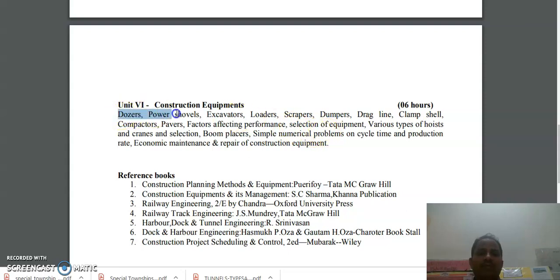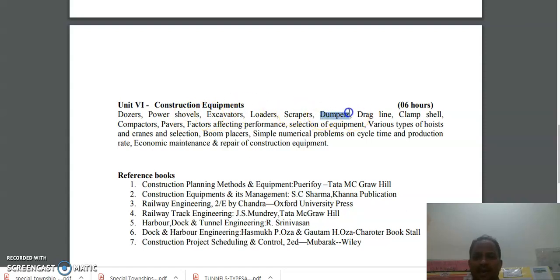So dozer, power shovels, excavators, loaders, scrappers, dumpers, drag line, clamshell, compactors, pavers, factors affecting performance, selection of equipment. Each different equipment has different applications and different use. Some are used for excavation, some are used for scrapping or loading.